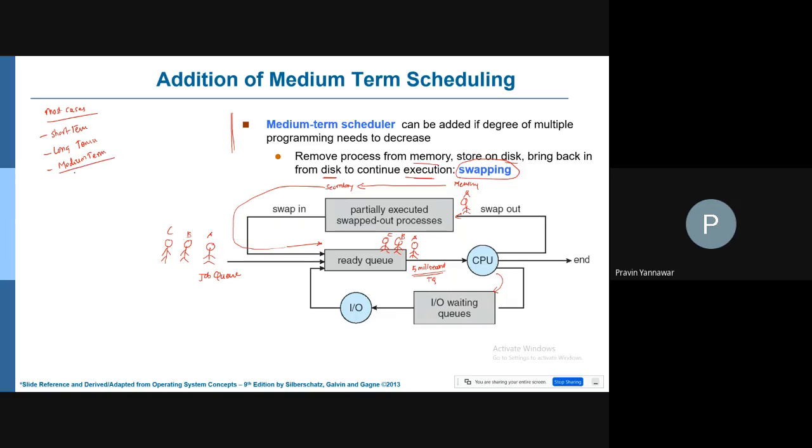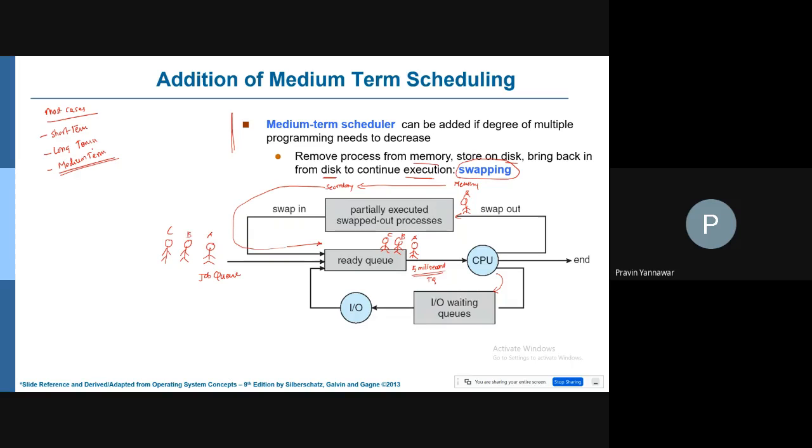There is no point in decreasing the degree of multi-programming, so we are never thinking in that way, because our objective is to maximize utilization. Maximizing utilization means we need to keep our resources busy in completing our tasks.